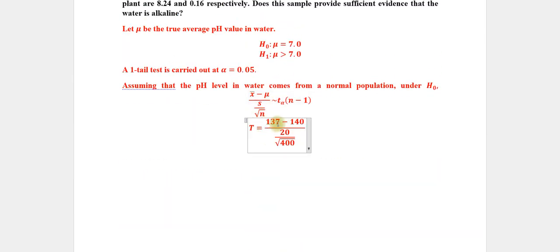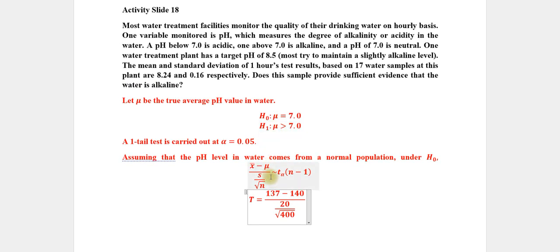So the mean x bar is 8.24. Subtract the mean under H naught, which is 7.0, divide by the standard deviation, which is 0.16, divided by the root of the sample size, which is 17. We need to calculate this now.